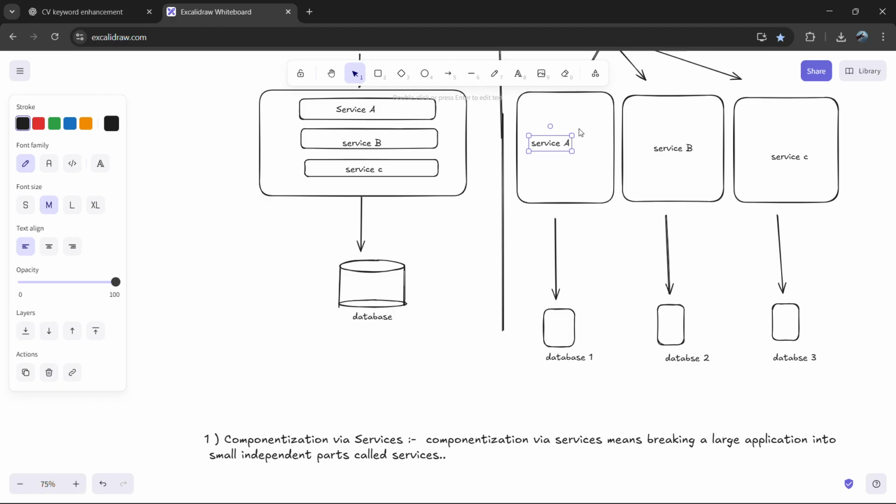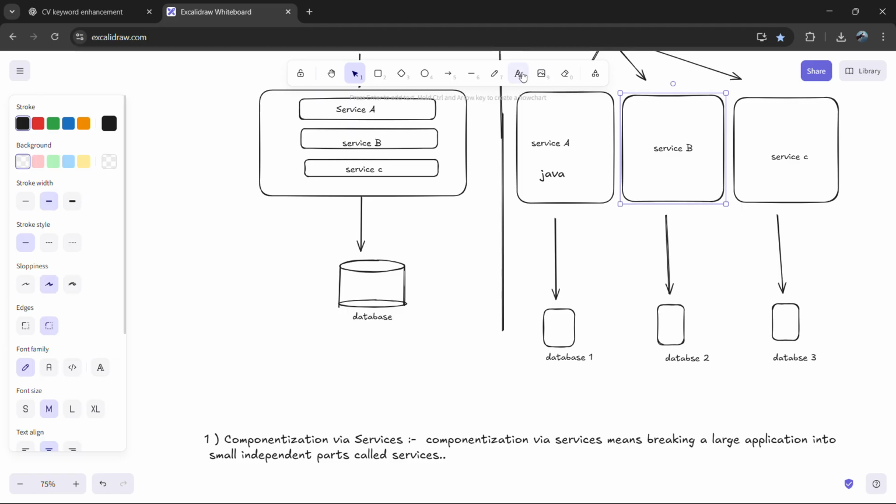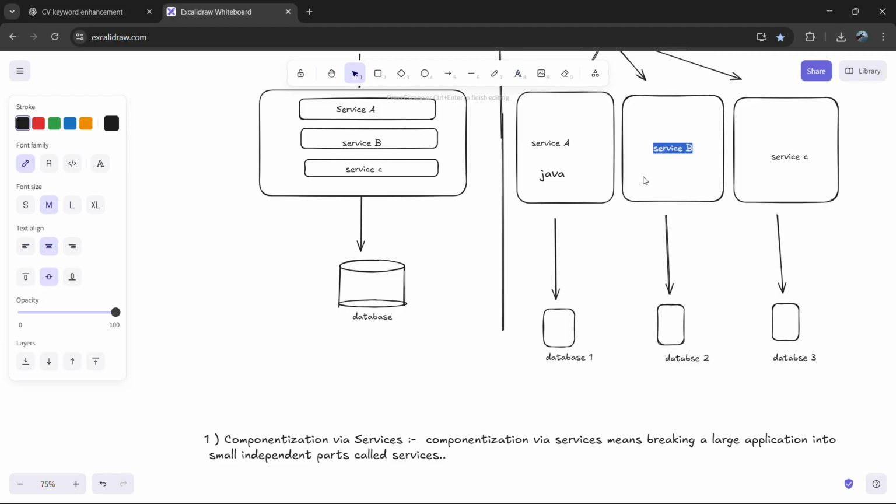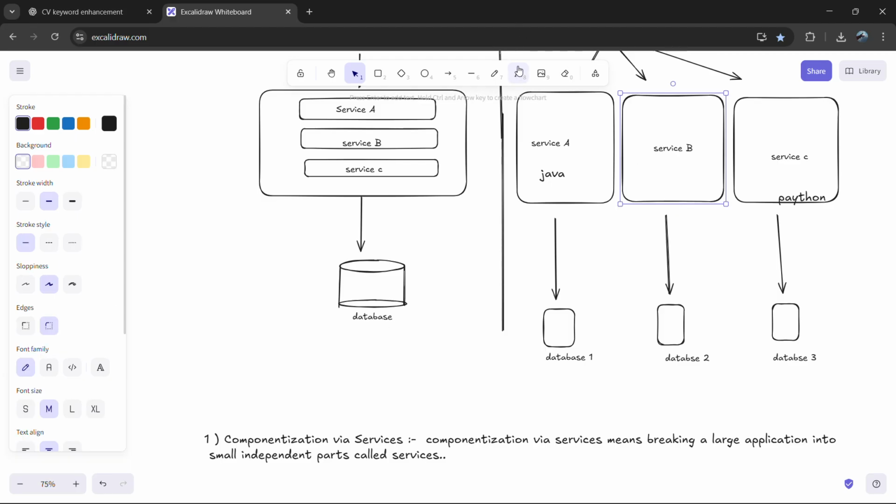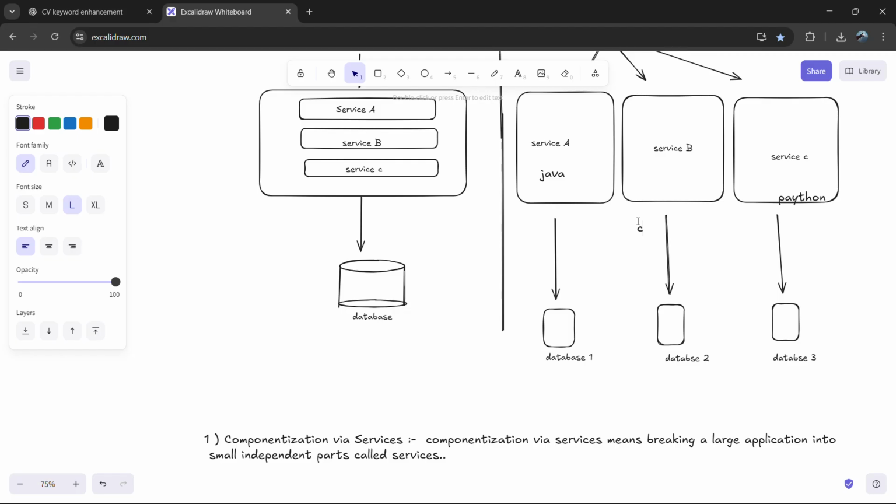Suppose we are writing service A in Java, we can write our service B in Python, and we can write our service in C or C++.